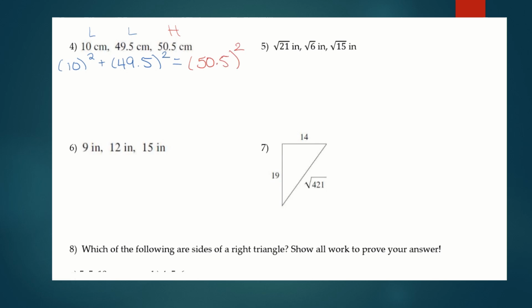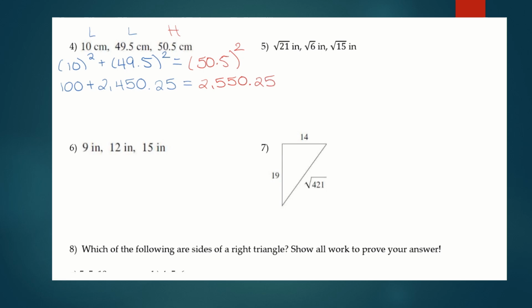All right, simplifying both sides, 10 squared is 100 plus 49.5 squared. 49.5 times 49.5 gives me 2,450.25. And I'm going to see if when adding those two things together, I get, let's see, 50.5 squared is 2,550.25.